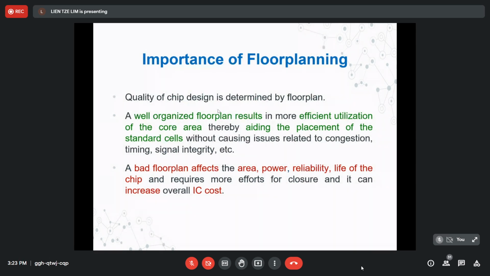Importance of floor planning. The quality of chip design is determined by the floor plan.